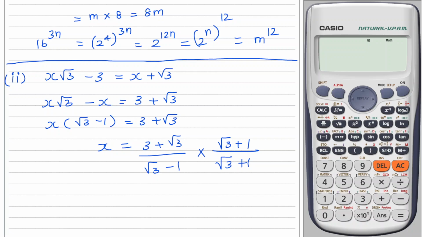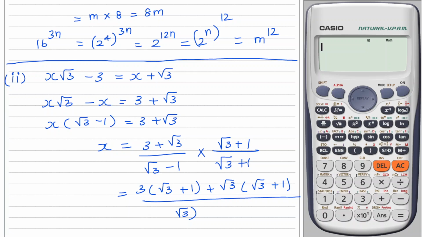The numerator we need to expand. So this is 3 times root 3 plus 1 and plus root 3 times root 3 plus 1, divided by, in the denominator, a minus b times a plus b, which we can write as a square minus b square.